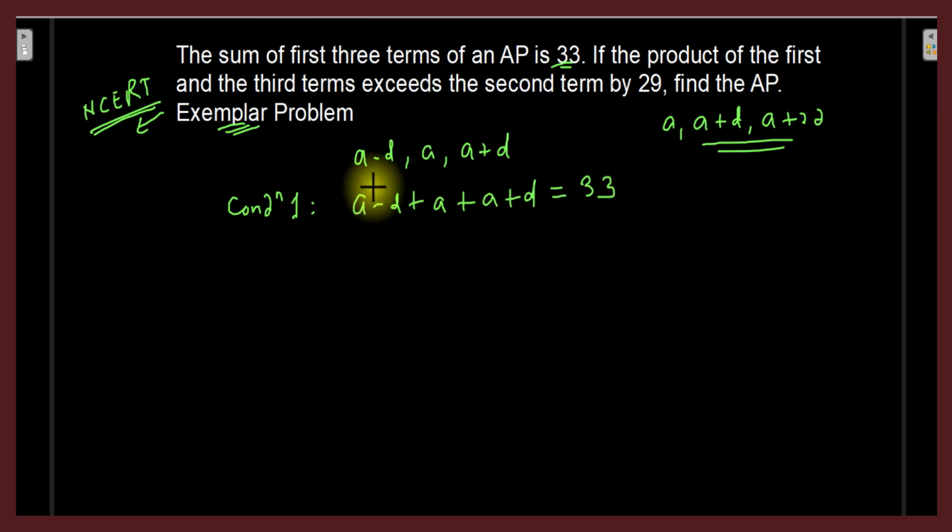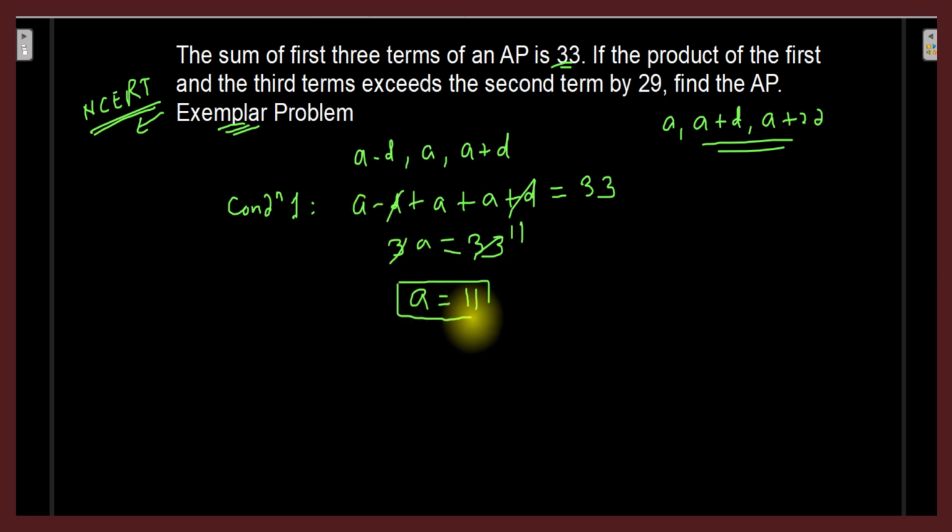If you solve this, you will get A plus A plus A, that is 3A, and minus D and plus D will get cancelled, which is equal to 33. So 3 ones are 3, 3 elevens are 33, and so A is equal to 11. Now friends, here you have got A is equal to 11. Highlight this because this is the first important step where the marks are always allotted.